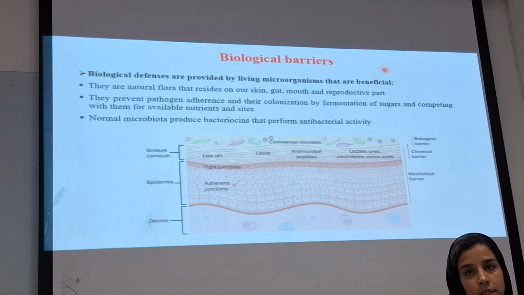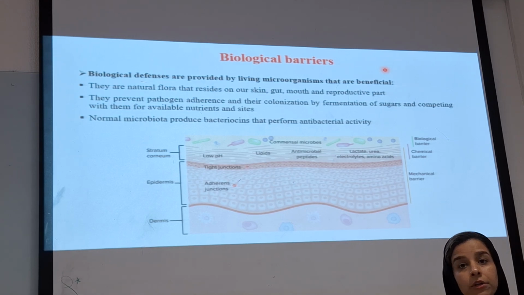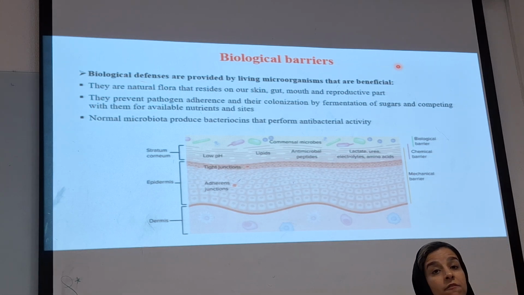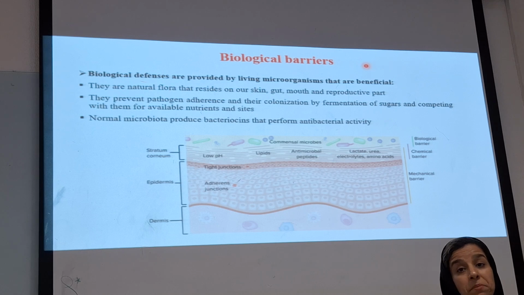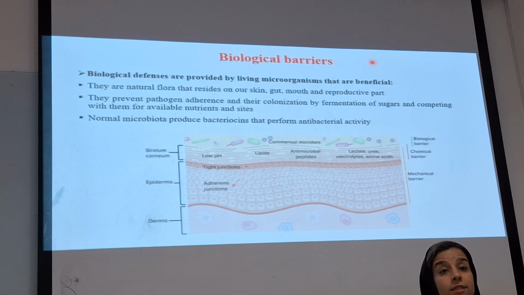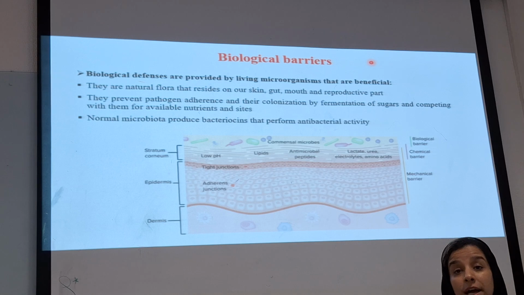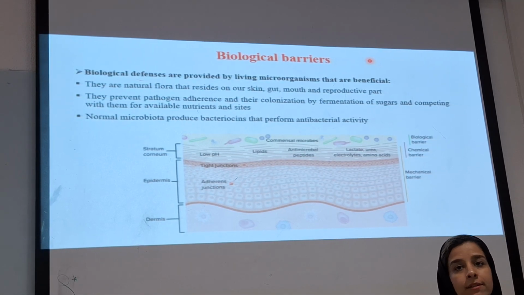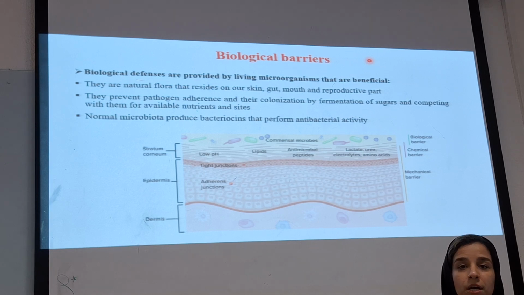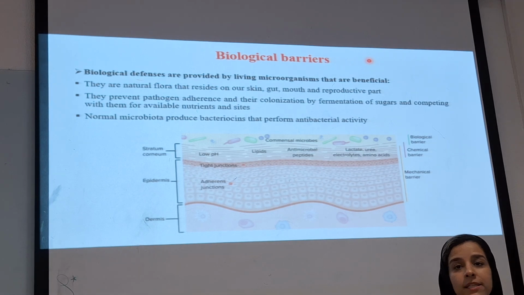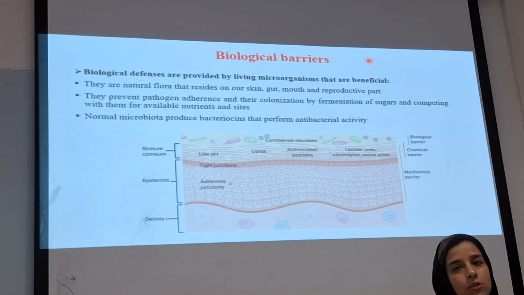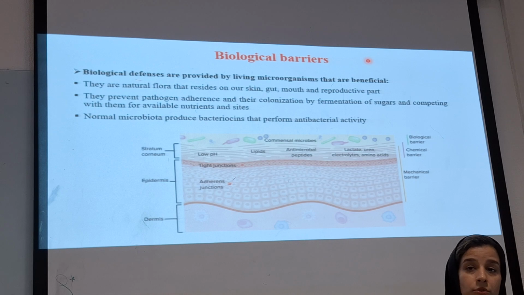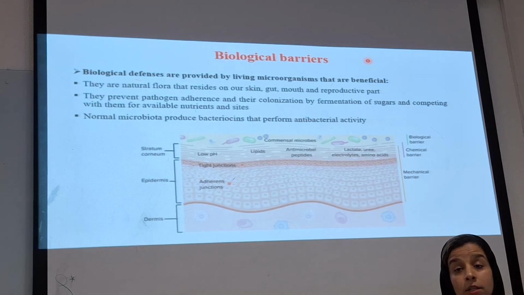And these microbes, apart from other roles in our body, such as regulating and modulating our immune system, can be the first line of defense against pathogens, because they compete with pathogenic microbes for nutrients and sites. Because they overcome these pathogens, they inhibit growth of these pathogens in our gastrointestinal lumen and on our skin.